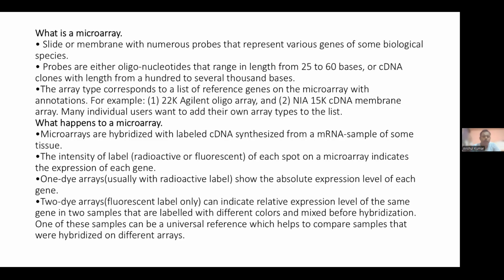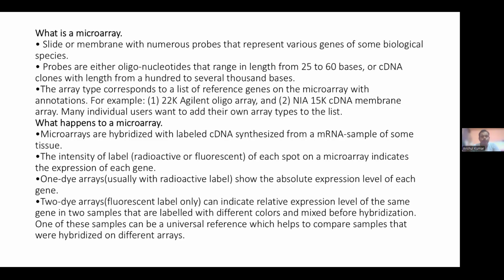One-dye arrays, usually with radioactive label, show the absolute expression level of each gene. Two-dye arrays, fluorescent label only, can indicate the relative expression level of the same gene in two samples that are labeled with different colors and mixed before hybridization. One of these samples can be a universal reference, which helps to compare samples that were hybridized on different arrays.